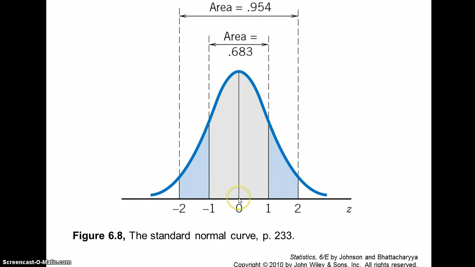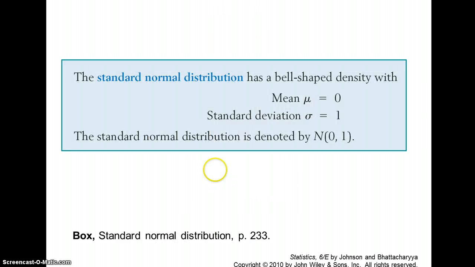So you will have from 0 to 2, 0 to -2, and 95.4% of something will fall within 2 standard deviations of the average. Okay, so this is the standard normal distribution, and the definition is a bell-shaped density with mu equal to 0, standard deviation equal to 1, and this is the notation we use for it.